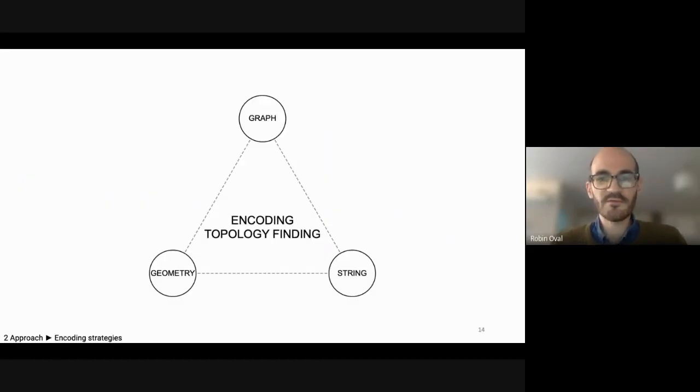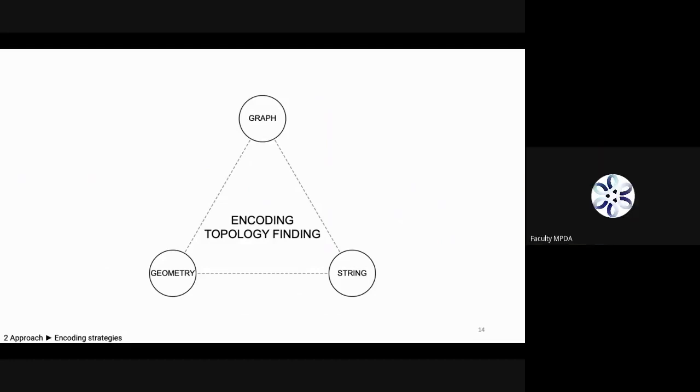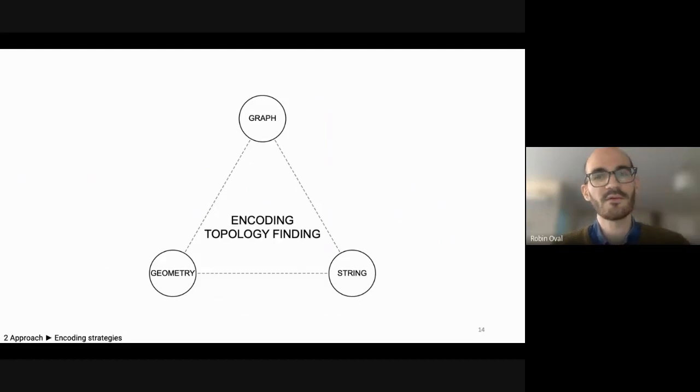So I will present 3 encoding strategies for different methods in topology finding. I will start with the most intuitive one for the designer, which is geometric encoding using geometrical objects. I will move on to graph encoding for topological rules, and I will conclude with string encoding using alphabet operations, which is the most generic approach that's suitable for a computer as opposed to a human.